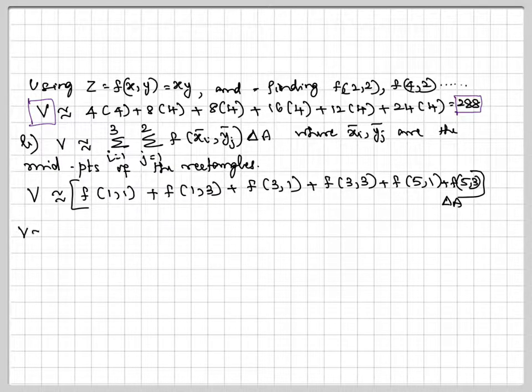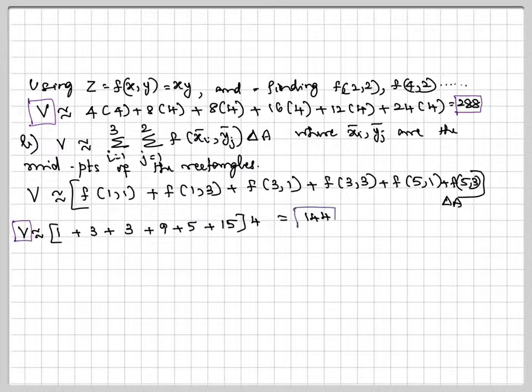If we compute these values, we get 1 plus 3 plus 3 plus 9 plus 5 plus 15, all multiplied by 4. This will be equal to 144. So if we use the midpoint, the volume is equal to 144. Using the top right corner, the volume is 288.